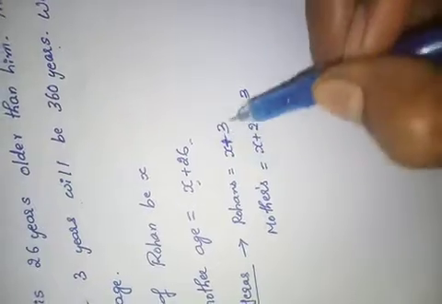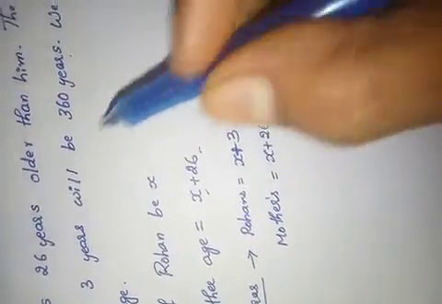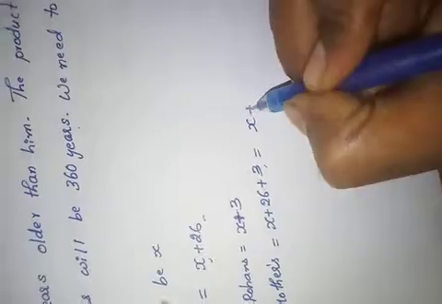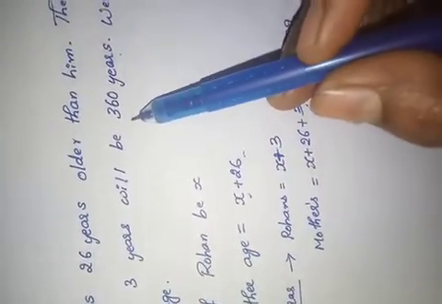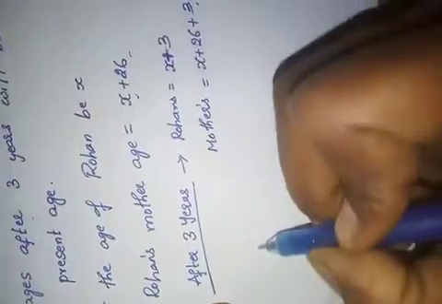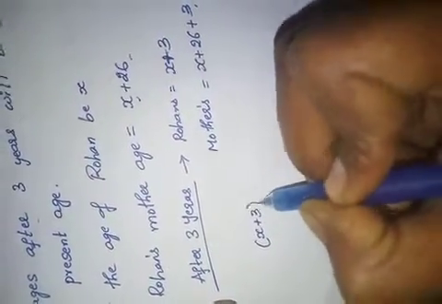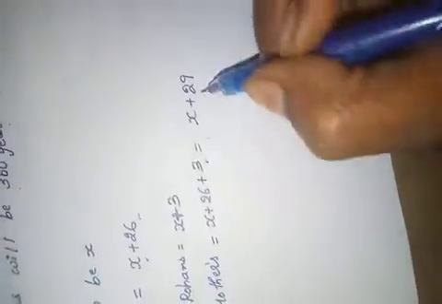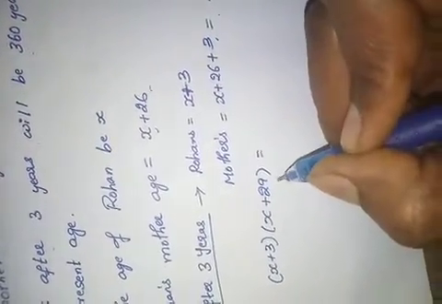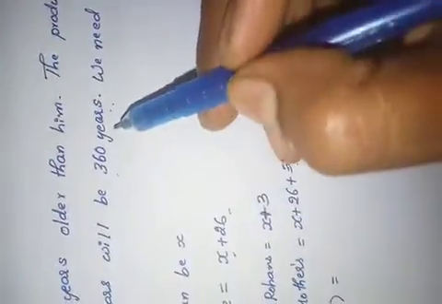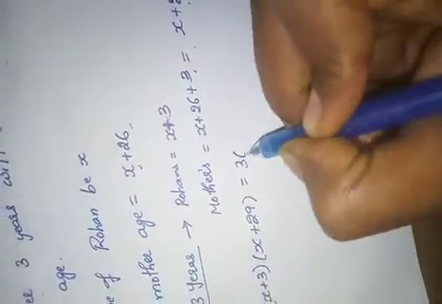So I have added 3 years for both. See here, x plus 26 plus 3, how much, ma? 29. After 3 years, what will the product of their ages be? 360. Product of their ages means x plus 3 into x plus 29. Product means multiplication. We need to find Rohan's present age.